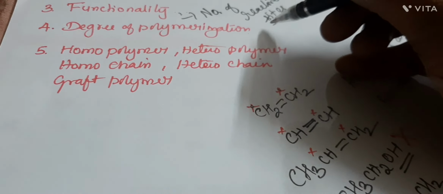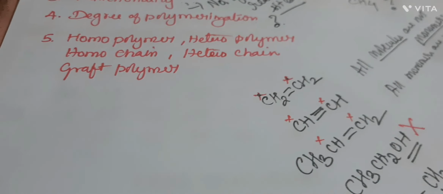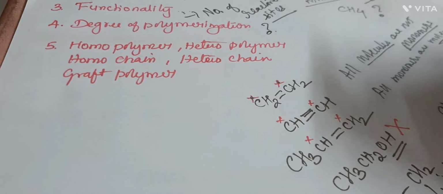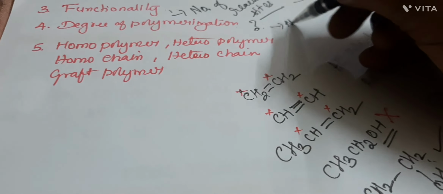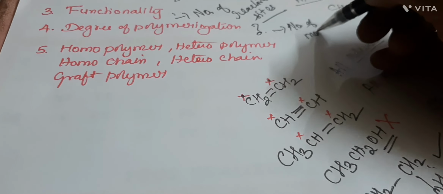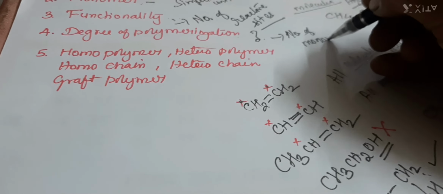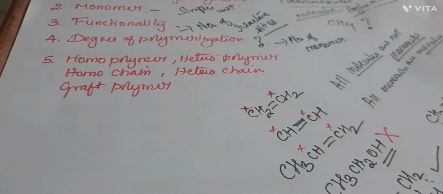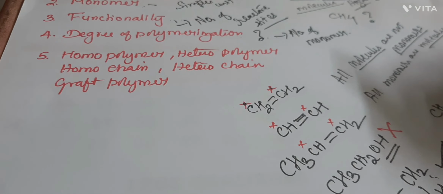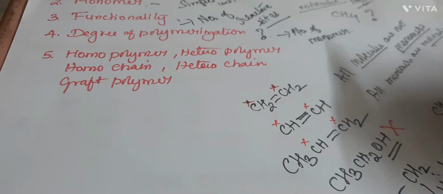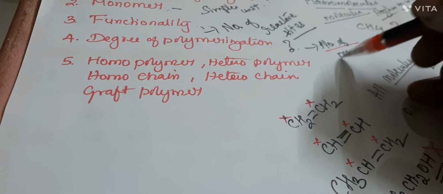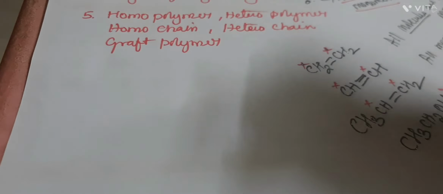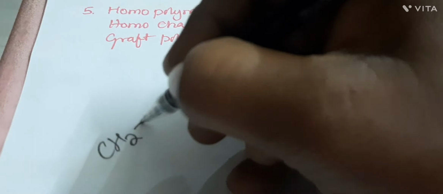Next, what is the degree of polymerization? Degree of polymerization means the number of monomers present in a polymer. After preparation of the polymer, how many monomers are combined to give you a polymer? That is known as the degree of polymerization. For example, let us see this reaction. This is ethylene, CH2 double bond CH2.